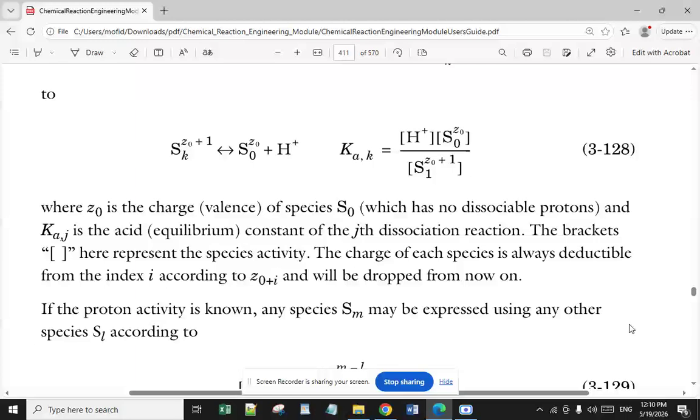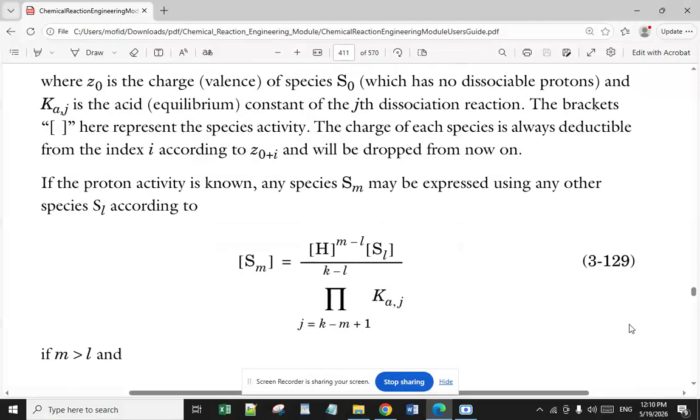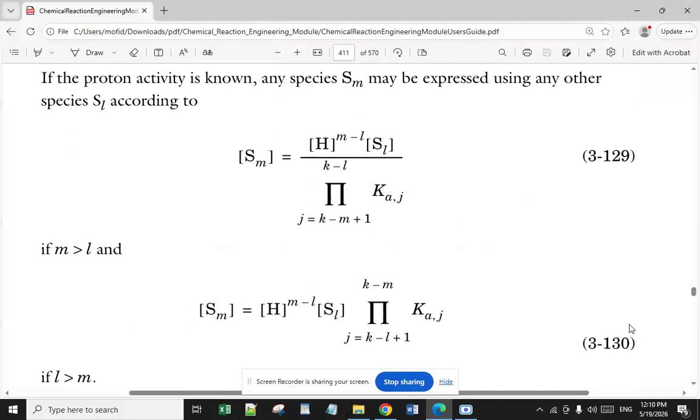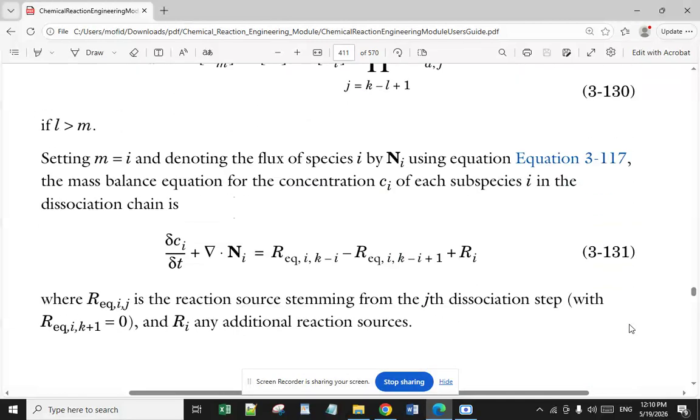The charge of each species is always deducible from the index i according to z_0 plus i, and will be dropped from now on. If the proton activity is known, any species S_m may be expressed using any other species S_i according to the following.